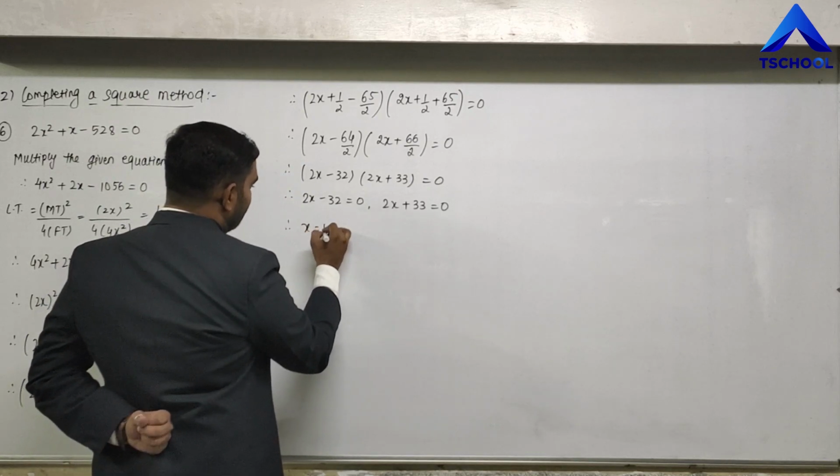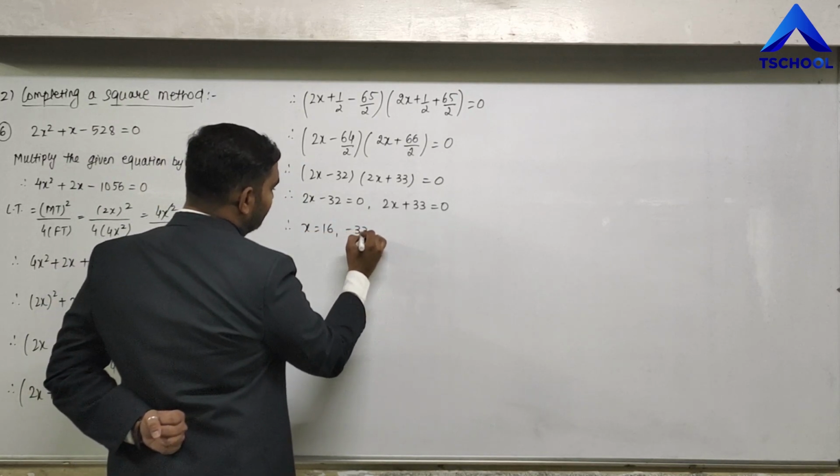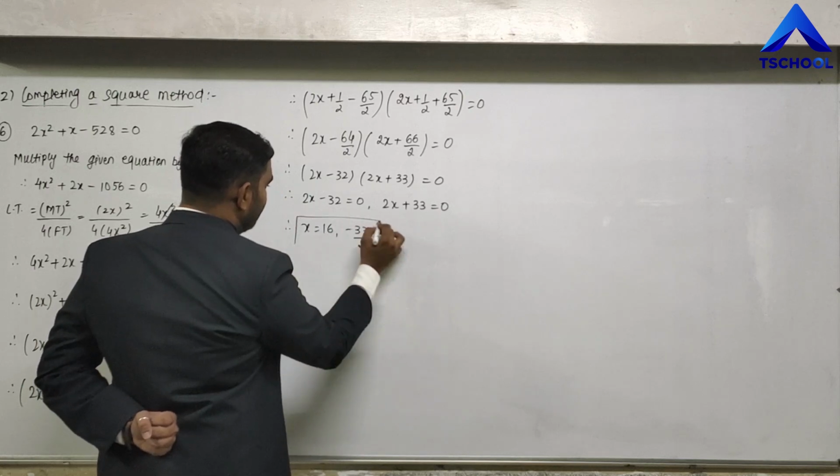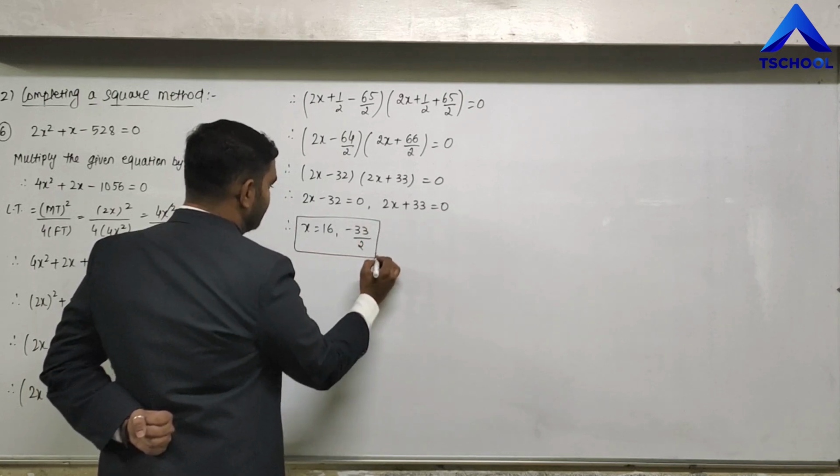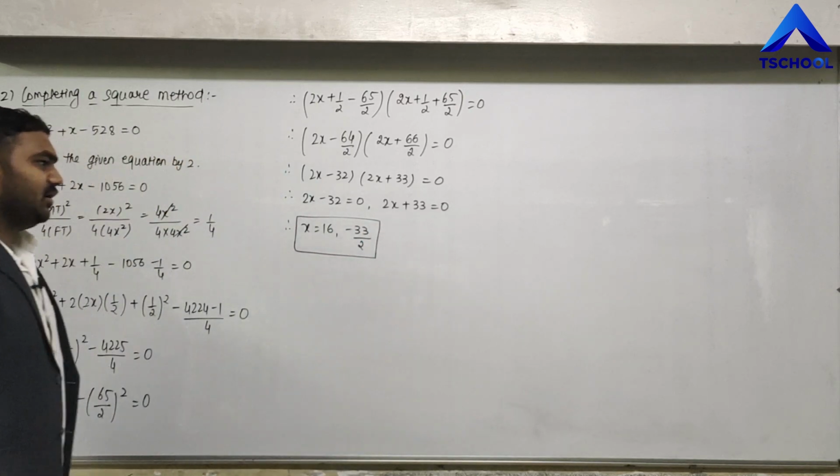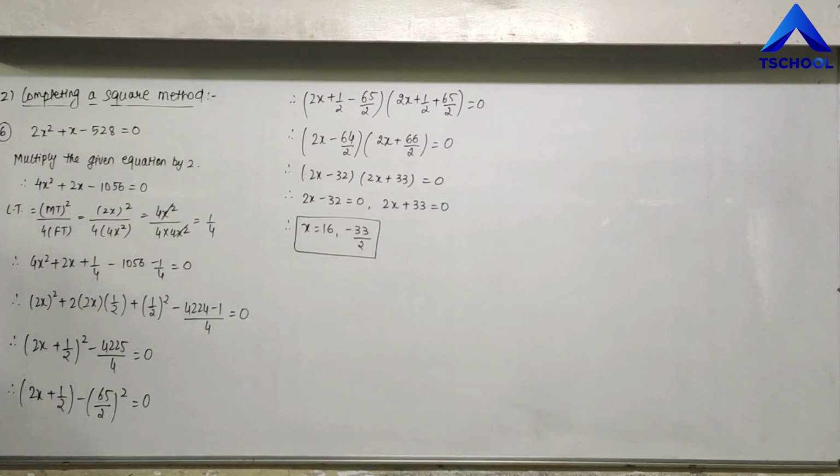Hence x equals 16 or minus 33 by 2. So the solution of the given equation is 16 and minus 33 by 2, or the roots of the given equation are 16 and minus 33 by 2. Is it clear, friends?